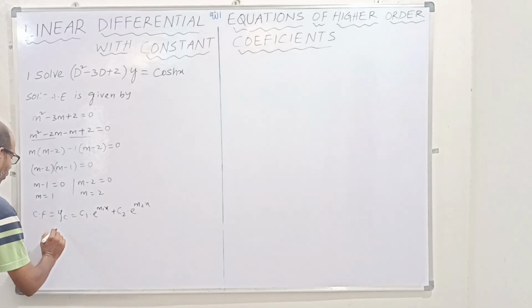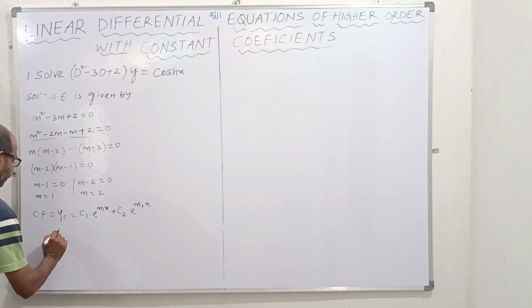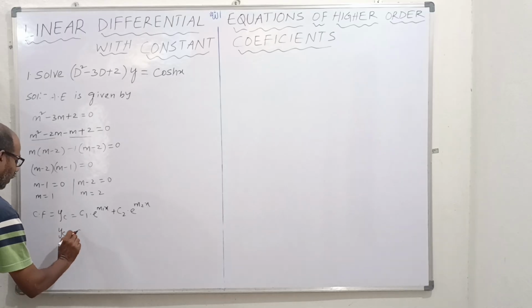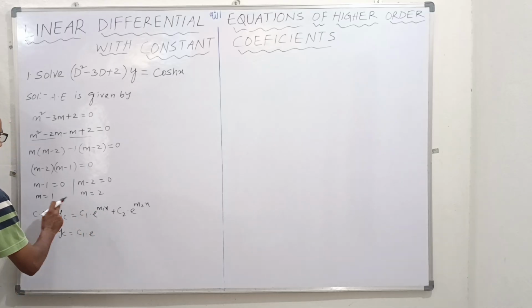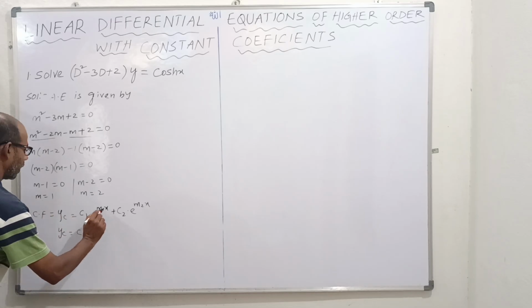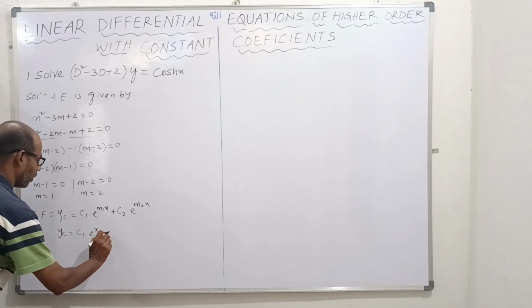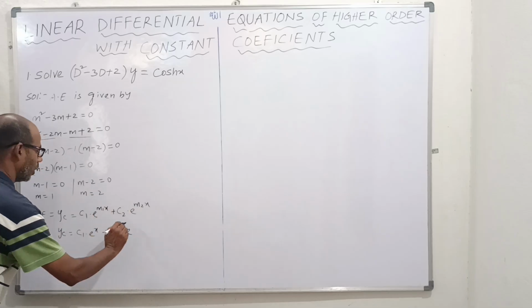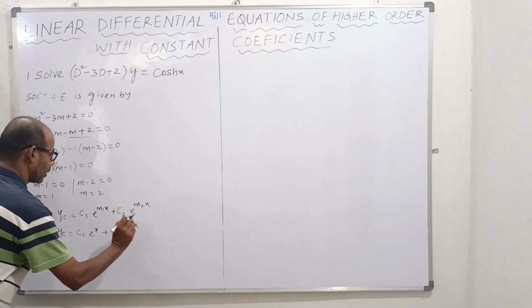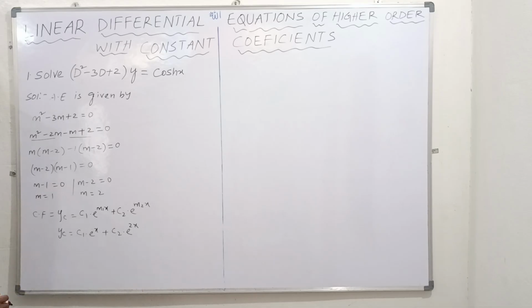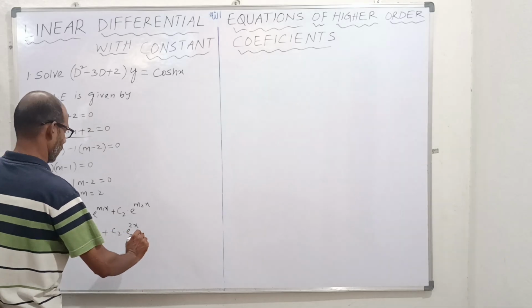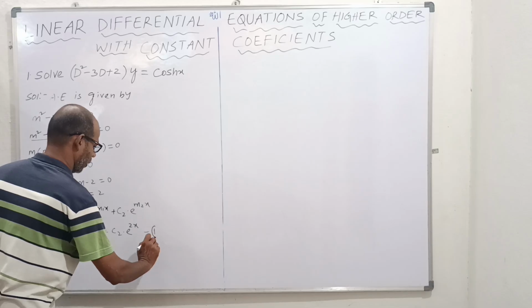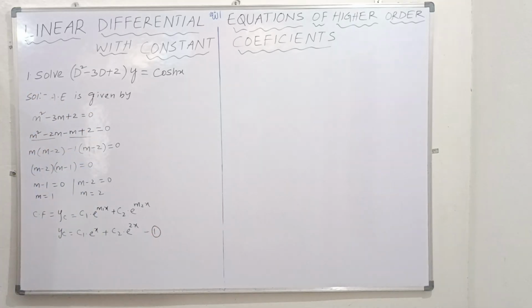Okay. So therefore yc is equals to C1 into e power m1x, where m1 is the first root, that is 1, so e power x, plus C2 into e power m2x, m2 is 2. So therefore it is e power 2x. Right. So this is equation number 1. So we got the complementary function.